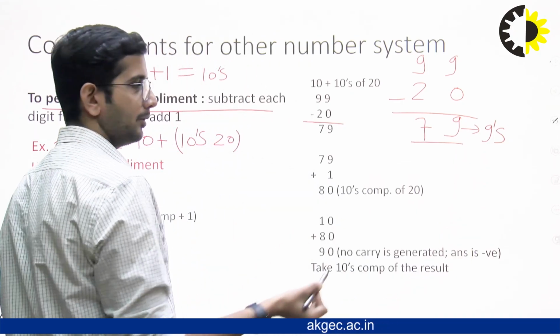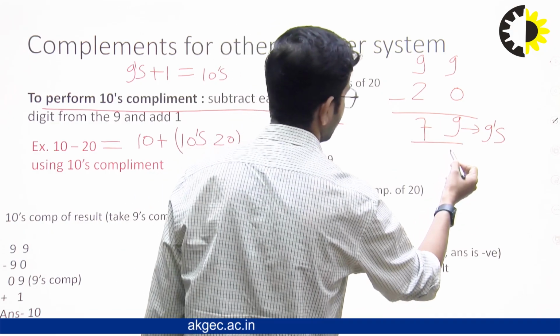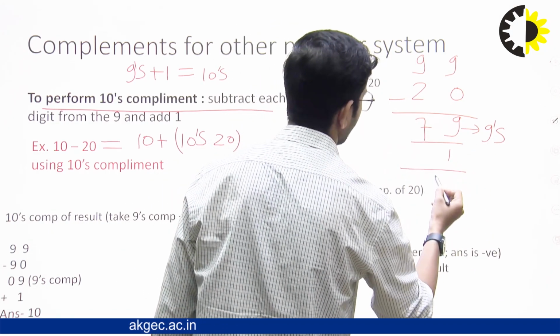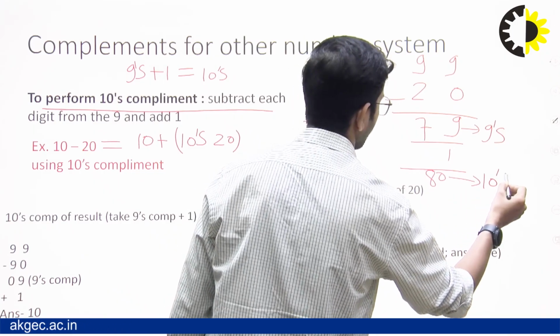Now to get the 10's complement, we add 1 to the 9's complement, that is 79 plus 1, which gives 80. So 80 is the 10's complement of 20.